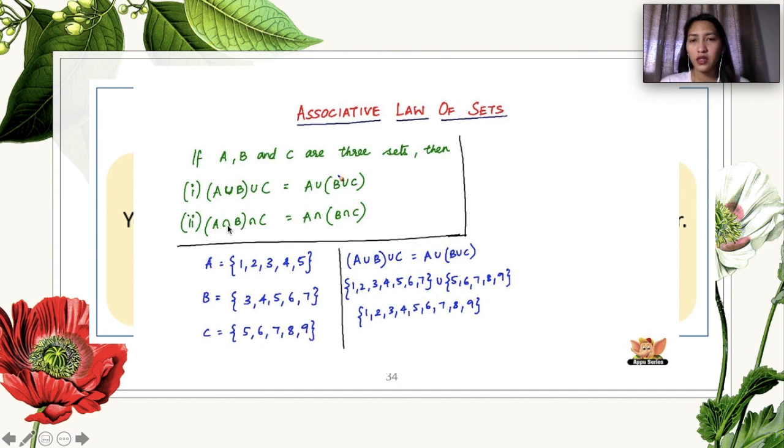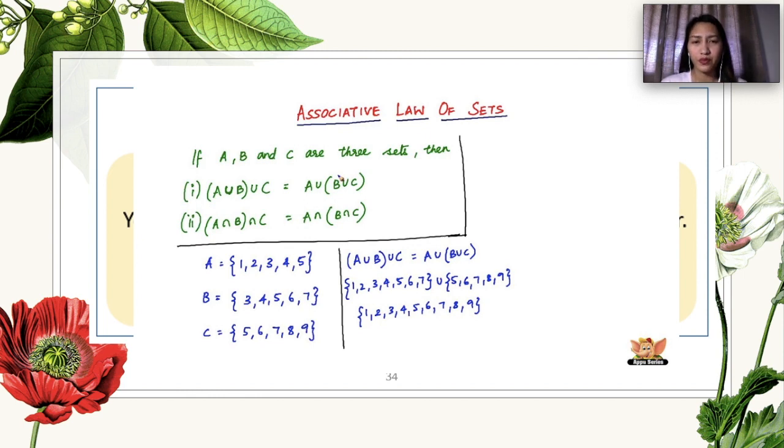A intersect B intersect C is also the same as this one. So, for example, you want to get A union B union C. So, this is your set A, this is your set B, and this is your set C. All you have to do is to unite them or combine them and then eliminate the same values.